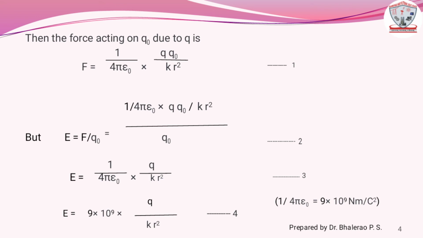In equation 2, Q0 gets cancelled, and we can write equation 3: E is equal to 1 upon 4 pi epsilon 0 into Q upon K r square.